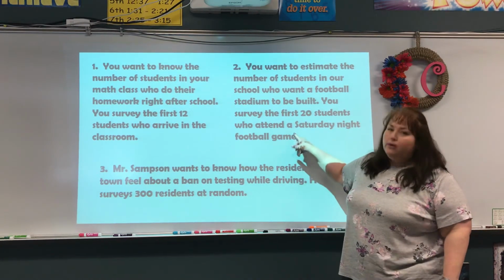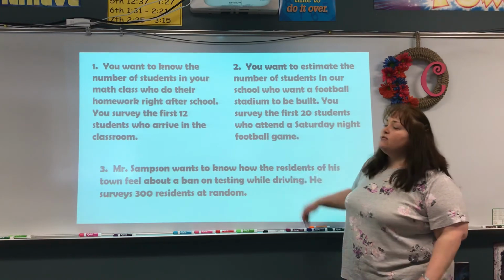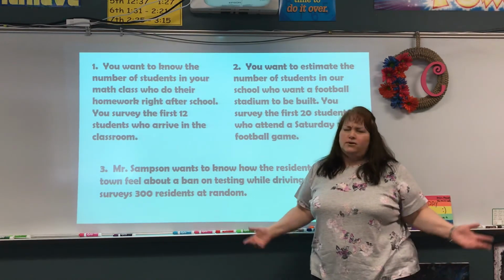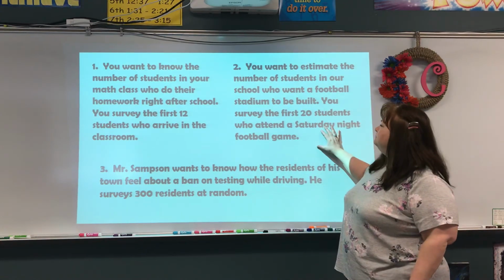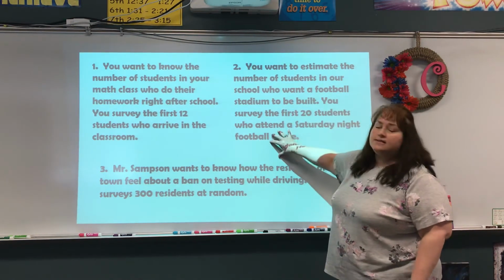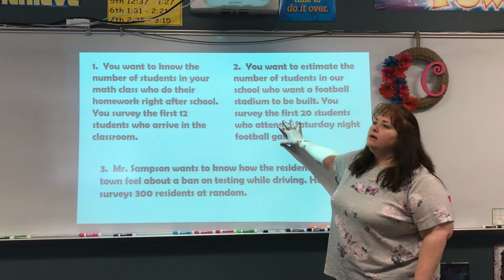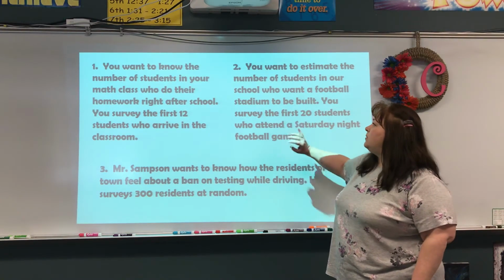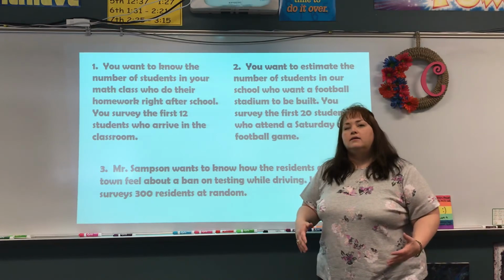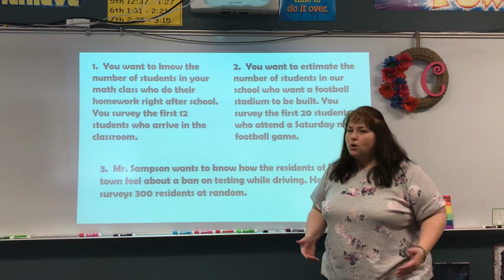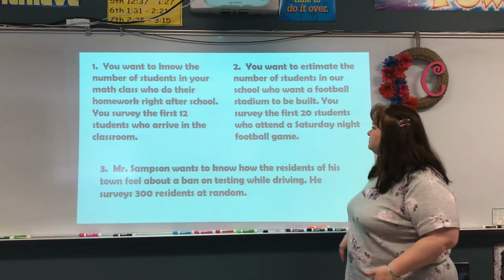Only people at a football game, right? So of course they're going to want a new stadium, or most likely anyway. Who wouldn't, right? So this survey would be very biased. You would want to change that to where you don't just survey people at a football game, okay?